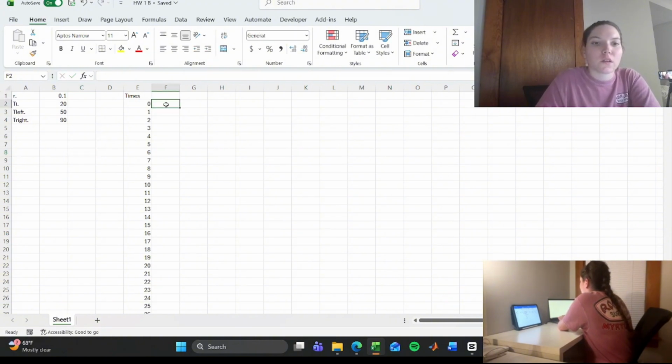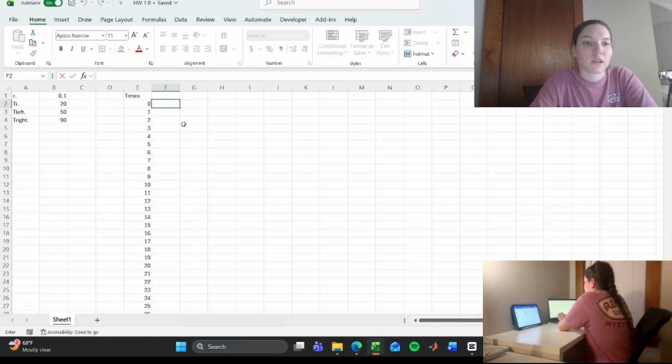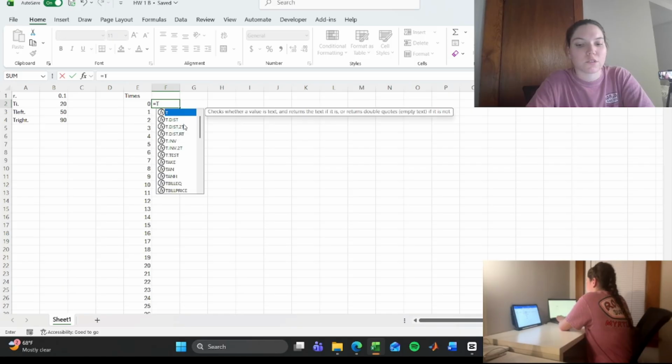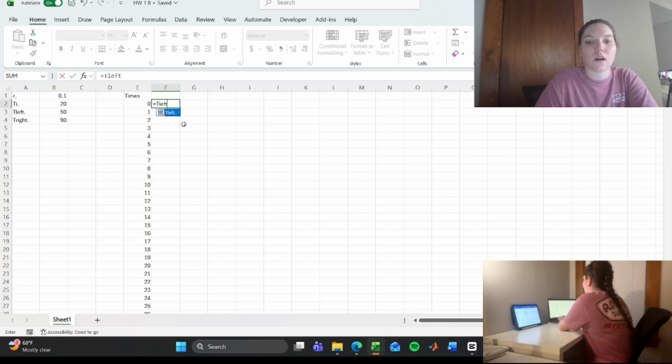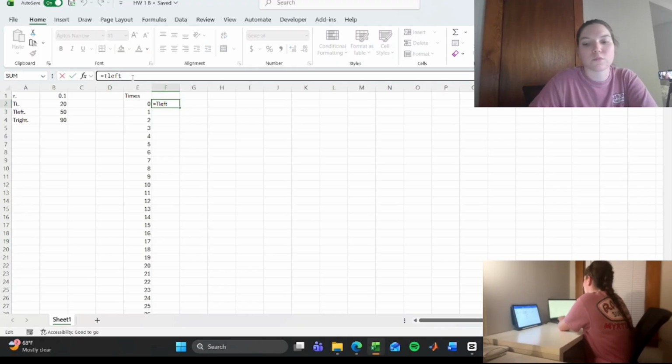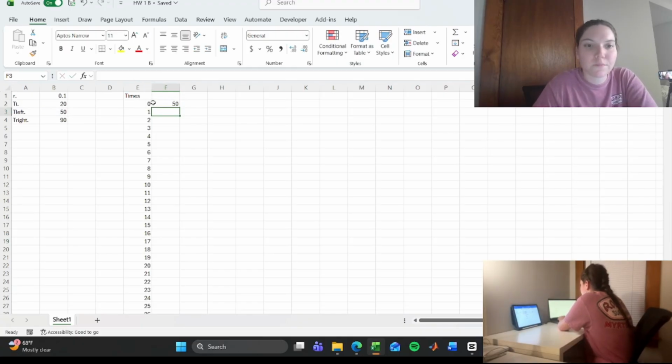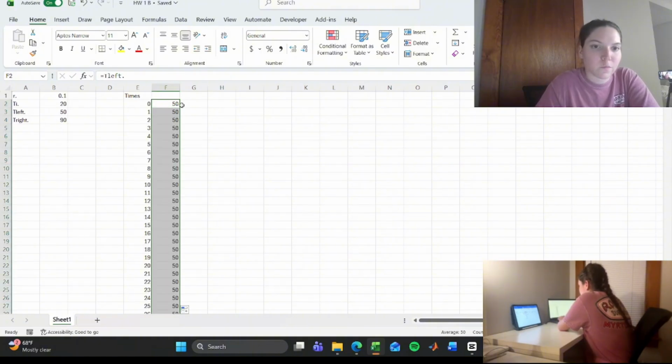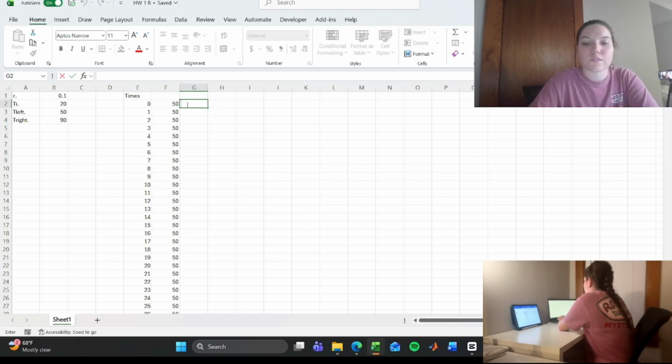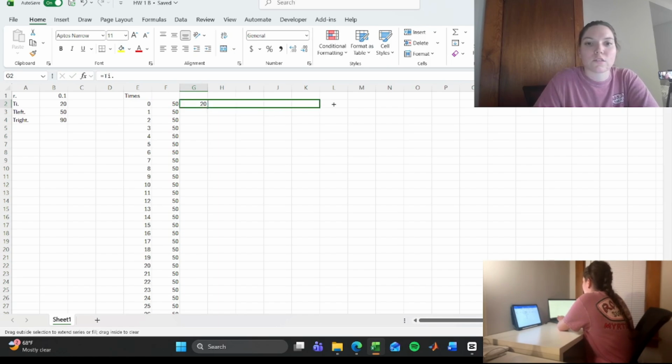Okay, so now we can say that when the time is 0, initially, this is going to be the temperature on the left. We can fill this all the way down. And over here, this is T initial, and let's drag this over.